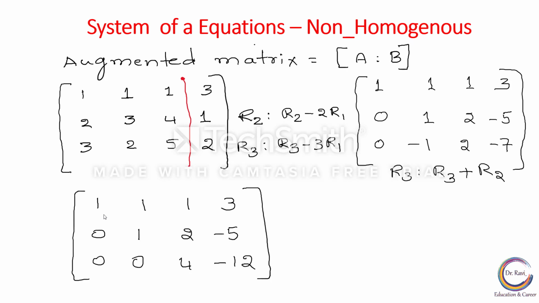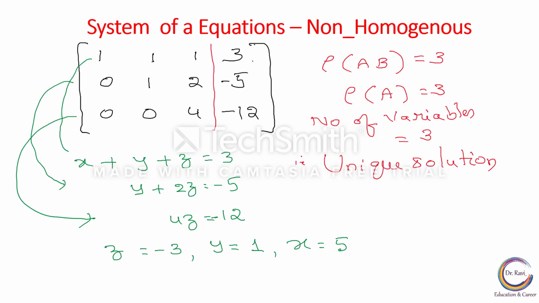Now if you see here, we have the matrix in echelon form. Up to this part it is A, and if you take the complete matrix it is AB. That is, we have the matrix AB as well as matrix A in echelon form.